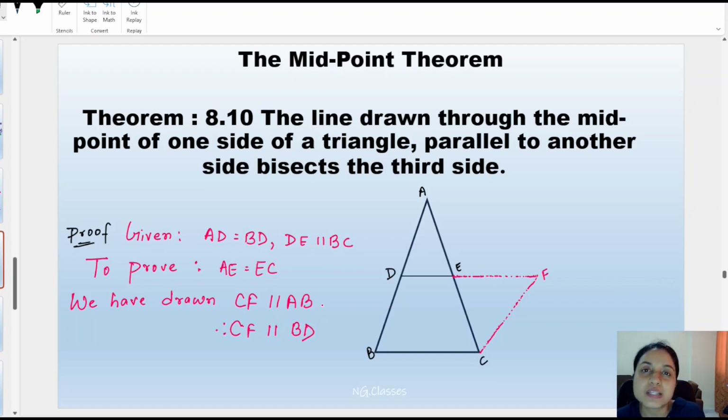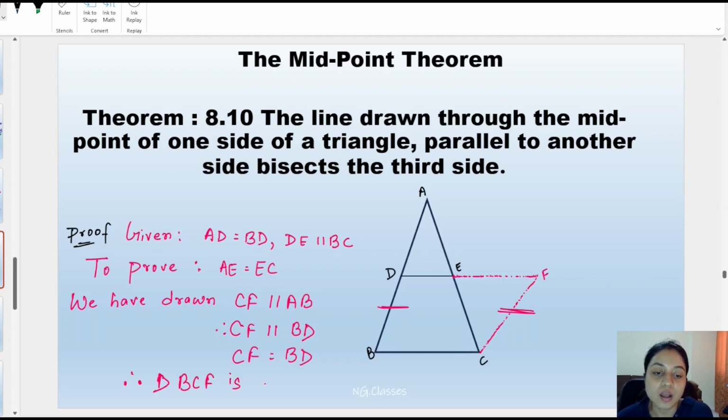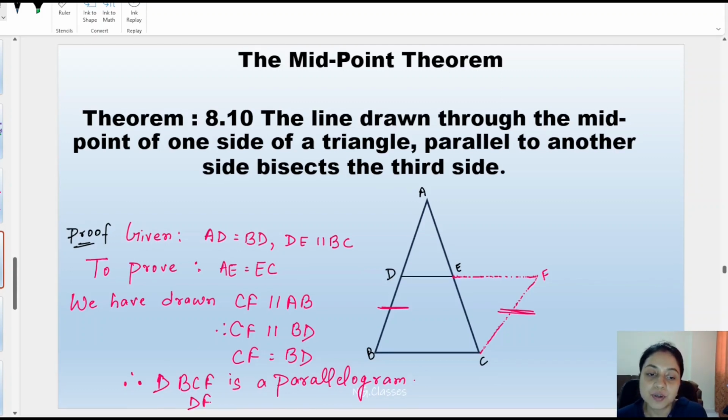And we have also drawn CF in such a way that the length of CF must be equal to the length of BD. Hence, we can say DBCF is a parallelogram. And since it's a parallelogram, its opposite sides must be parallel and equal to each other. So, side DF must be parallel to side BC and DF must be equal to BC.